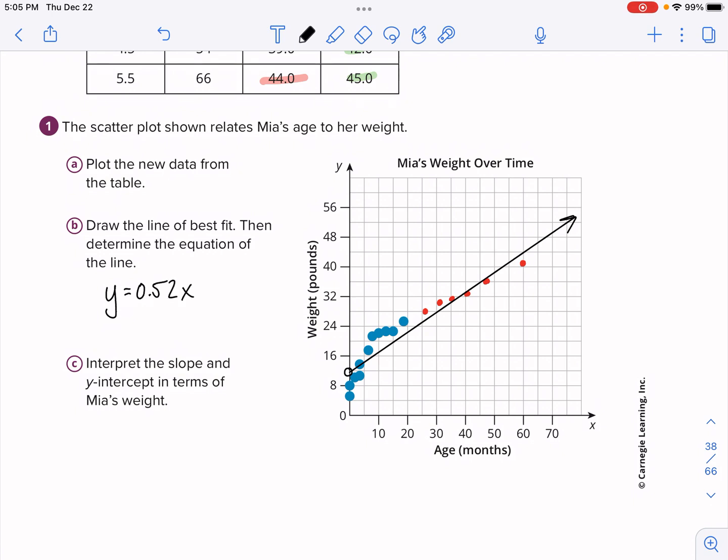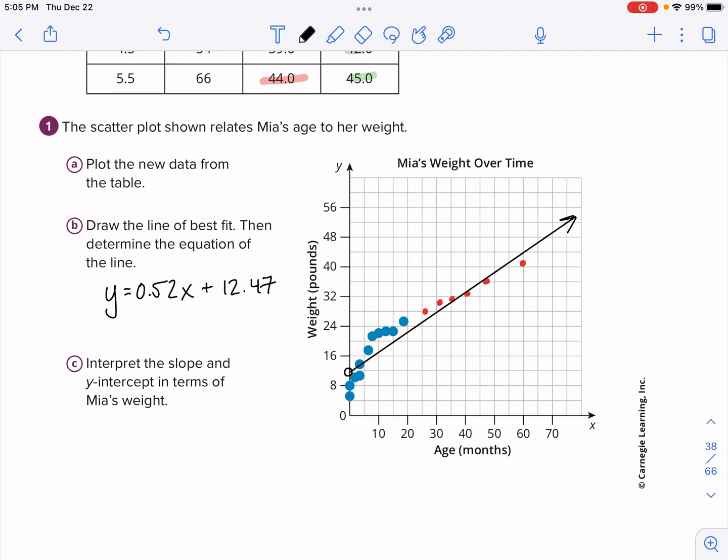So the slope is about half, 0.5. Not exactly, because when we work with real numbers or real data, it's somewhat messy. We don't get nice whole numbers. And the y-intercept, where it crosses the y-axis, is about, we're going to say, 12.47.